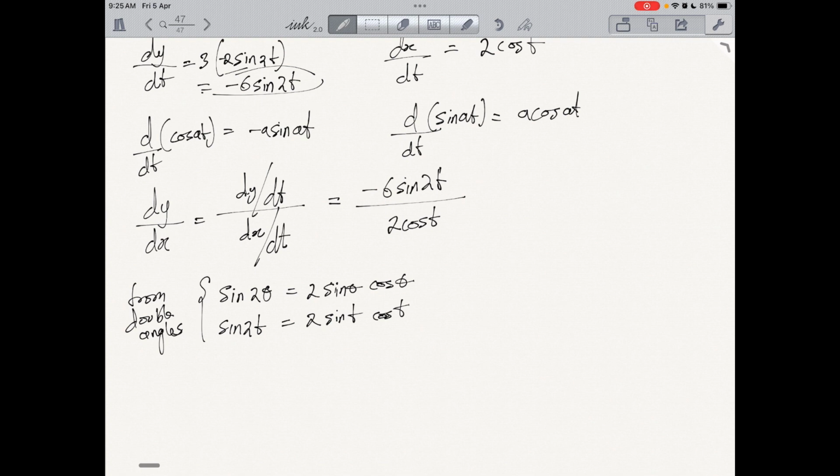Now, if sin 2t is 2 sin t cos t, therefore we can substitute this to give us minus 6 multiplied by 2 sin t cos t divided by 2 cos t.